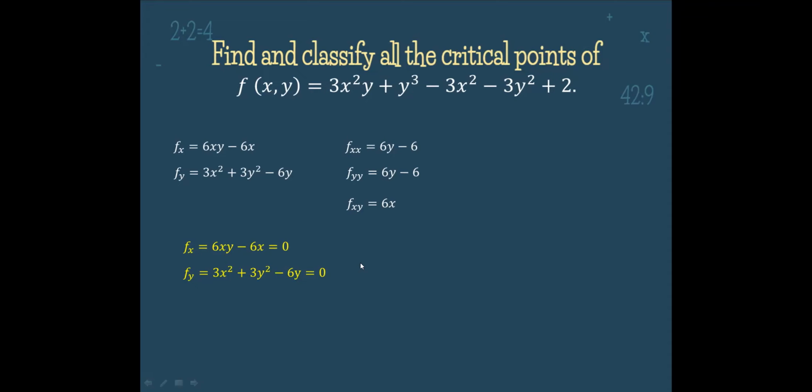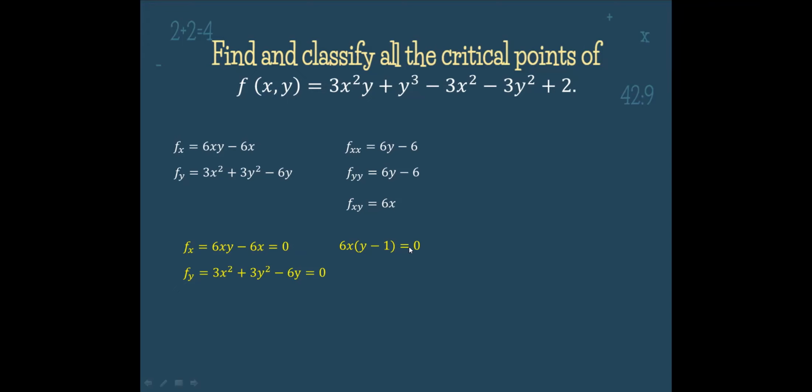First, let's notice that we can factor out a 6x from the first equation. So from our first equation, we notice that the common factor is 6x. So we factor this out: 6x, then we divide the first term 6xy by 6x, so we have y, then negative 6x divided by 6x is equal to negative 1.